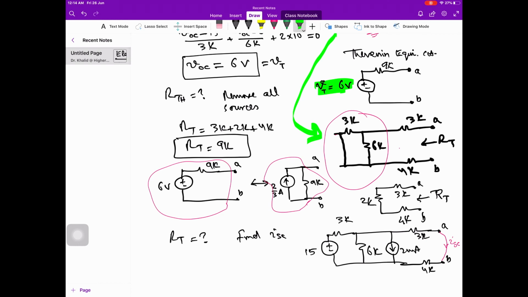Over here we can say that this is our ground node, the bottom, and node 1, node 2, and that's it. There are 2 nodes other than the ground node, and we can use node voltage analysis or mesh current analysis in order to find the short circuit currents.